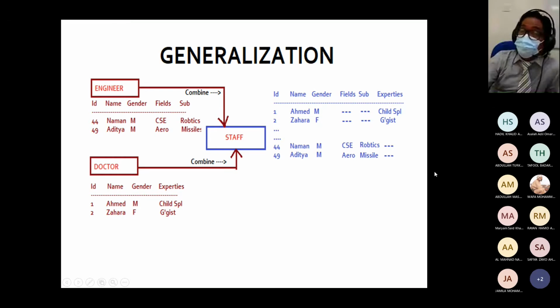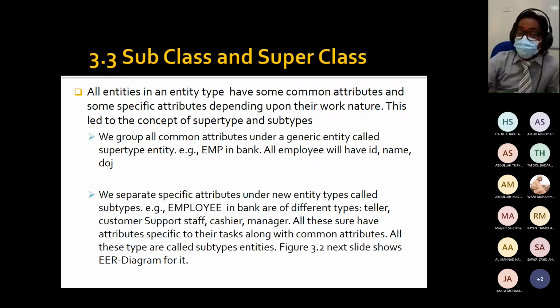But some might not be common because that particular attribute is linked to their specific job or work. So this is what this first statement means. All entities in an entity type have some common attributes and some specific attributes will depend upon their work nature.